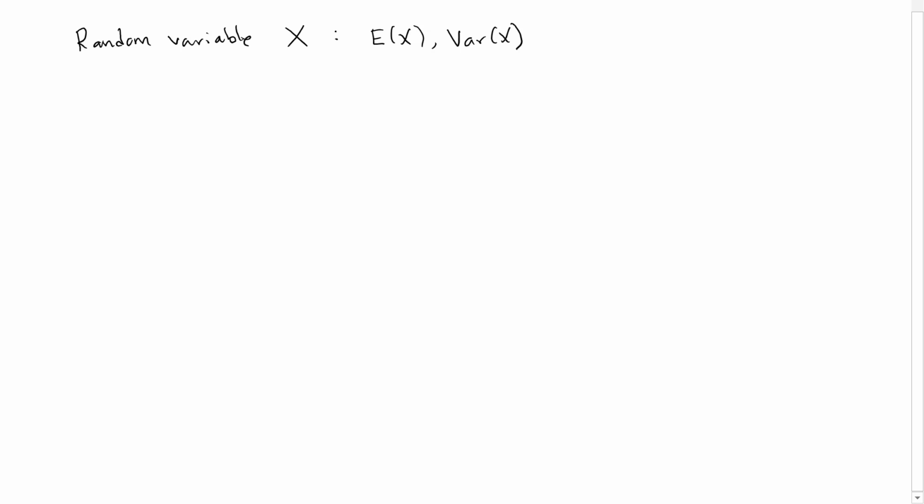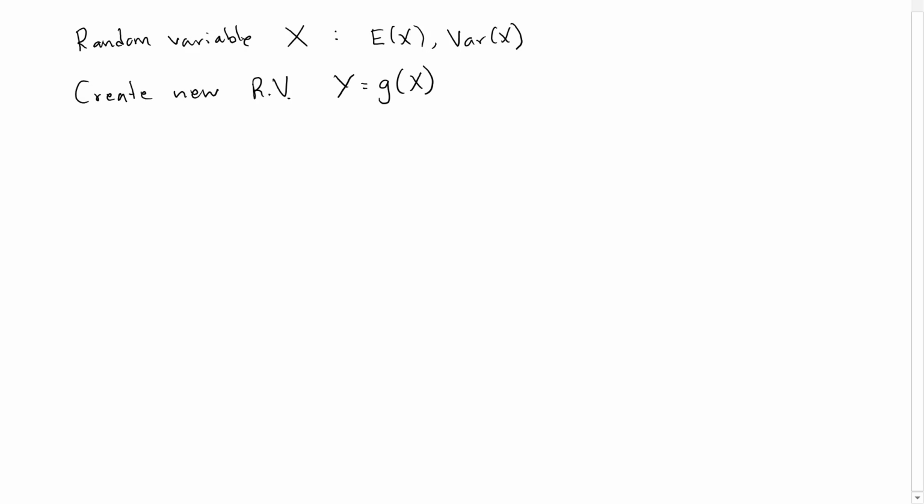But from this random variable, I can also create a new one. Let's just say random variable, and a new random variable is denoted by y. But this new random variable is simply a function of the old random variable x.